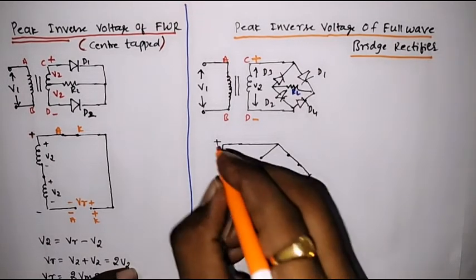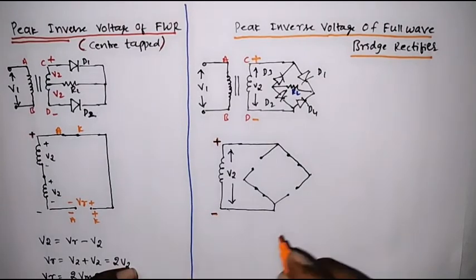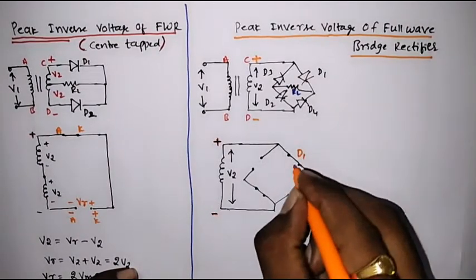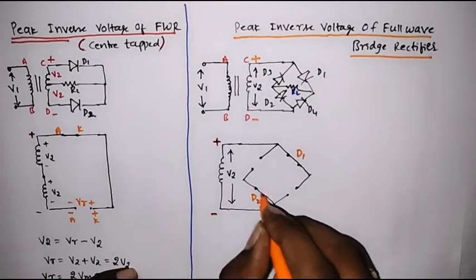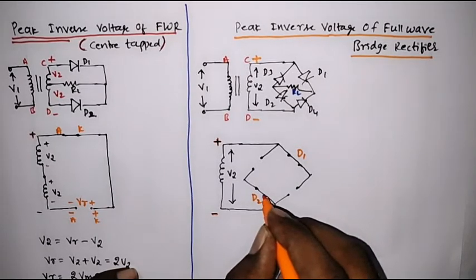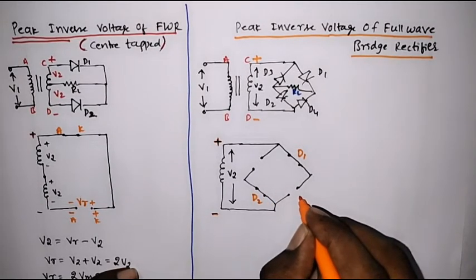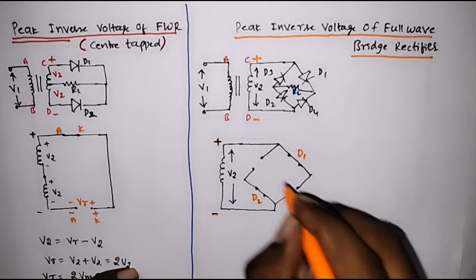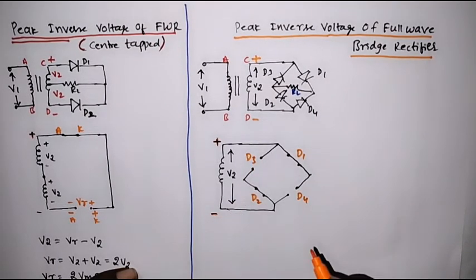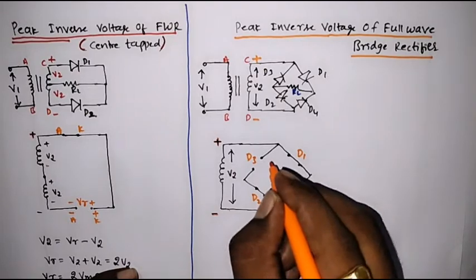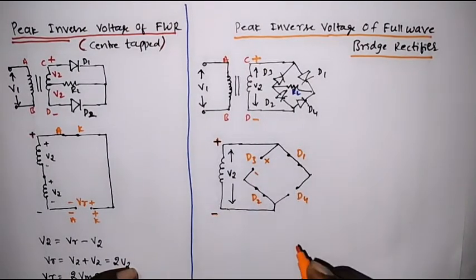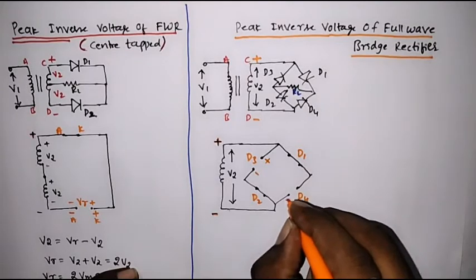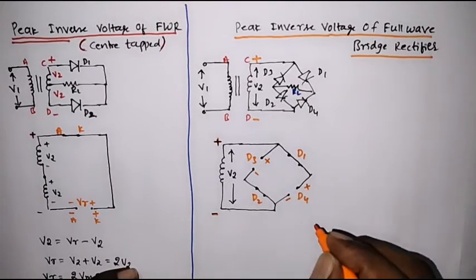So here we can observe that this is positive, this is negative. Diode D1 acts like a short circuit as it is forward biased. Diode D2 acts like a short circuit as it is forward biased, whereas diodes D4 and D3 are open circuits. We know that at this terminal it is positive, this is negative, and here this is negative, this is positive.